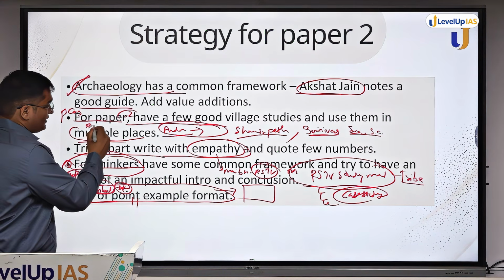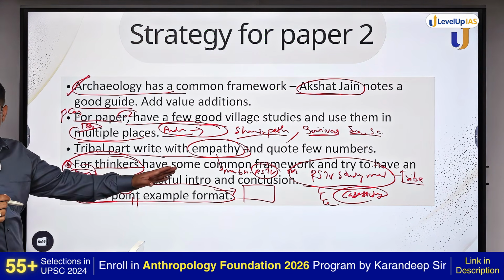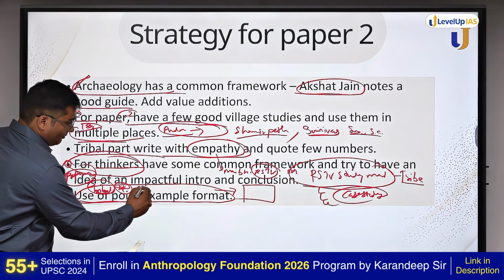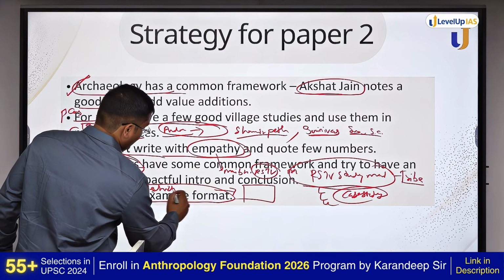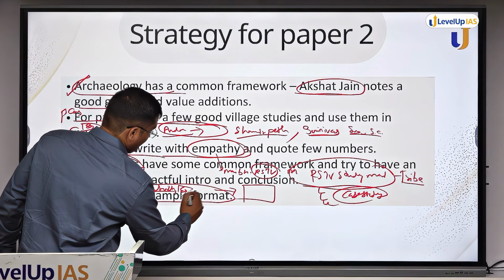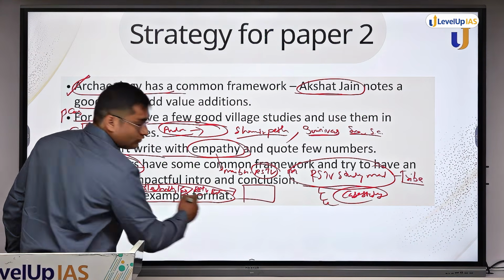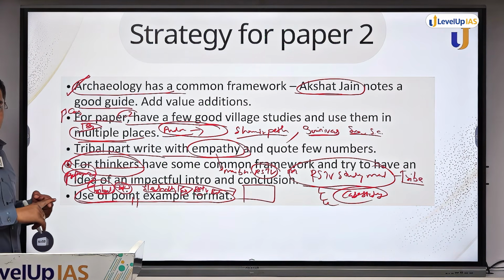Otherwise, use it as an example very briefly. Even the RSTV case studies, use them as an example. Write a point that there is a lack of electricity, and then use an example, the RSTV study among Badagas. So in that way, you can utilize your case studies even more.